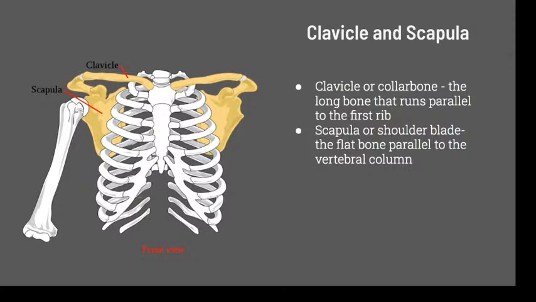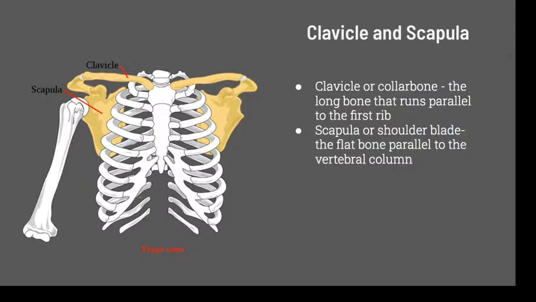Its medial end is attached to the sternum by ligaments. The lateral end is called the acromial extremity. It forms a complex joint with the scapula. Muscles of the arms, back, chest, and neck attach to the clavicle. This is why a broken clavicle severely restricts head and upper extremity movement.